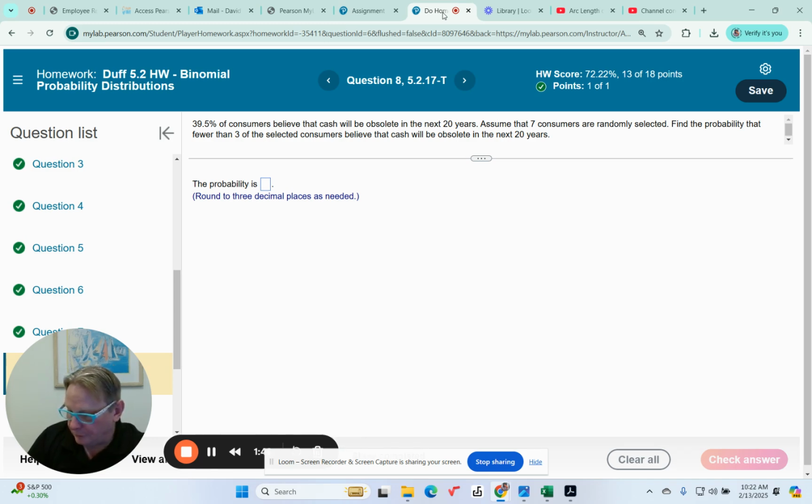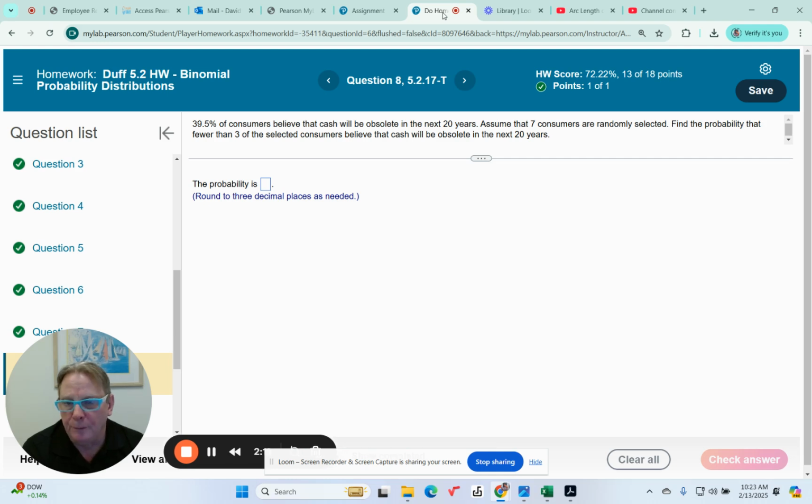P is the probability. And now it's important that we identify what we're calling success and what we're calling failure. So they give us 39.5% of the consumers believe that cash will be obsolete. So that's what we're going to call a success. So success is consumer believes that cash will be obsolete.